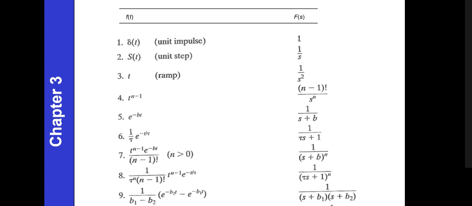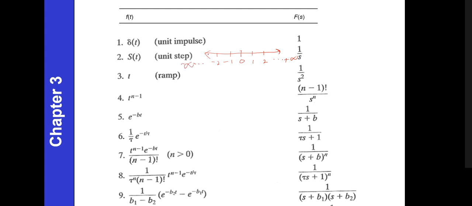Now for a unit step, the Laplace transform for a unit step is 1 over s. So what is a unit step? For example, you have here a signal. So 0 here, 1, 2, and so on, positive infinity. And here negative 1, negative 2, and so on until negative infinity.